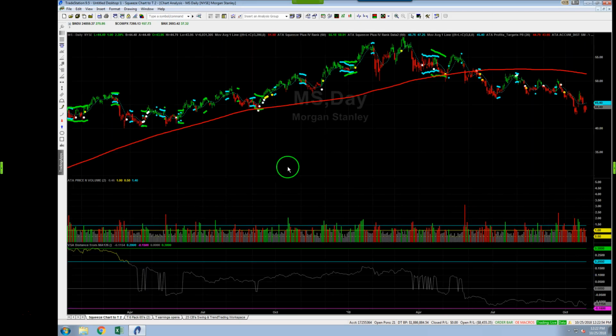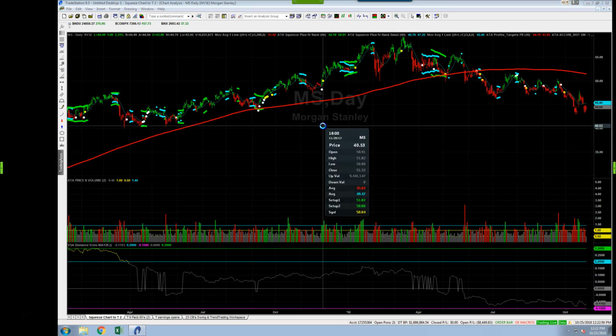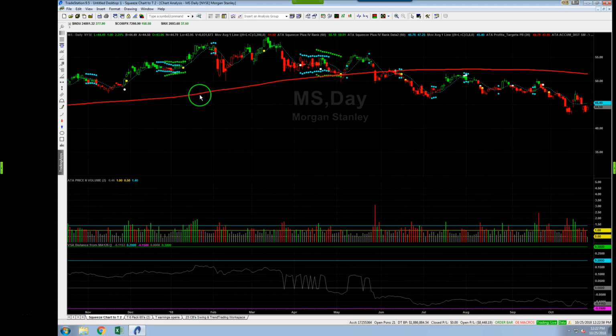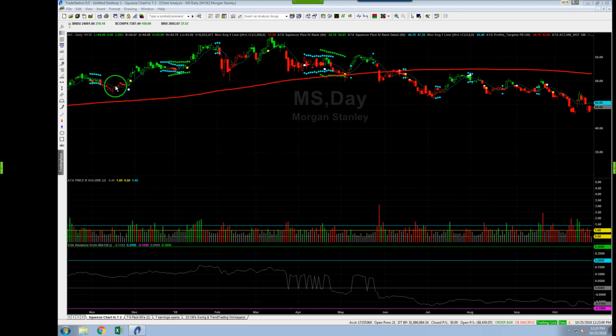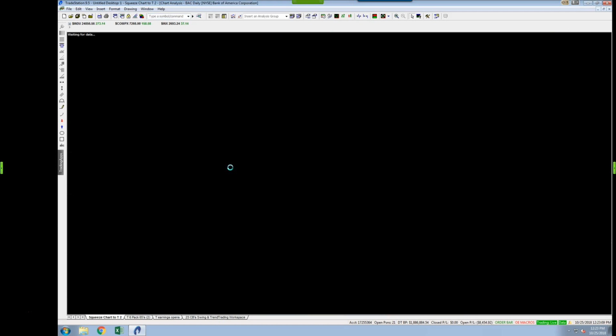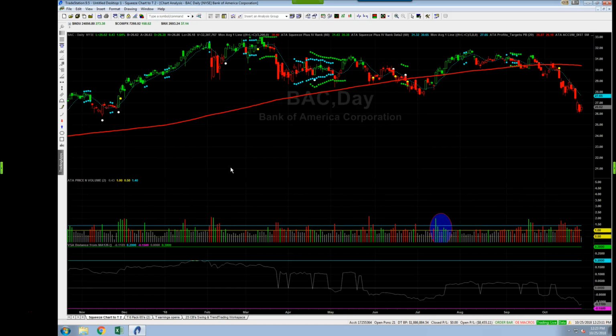On the 28th, we'll take a look at Morgan Stanley, another financial stock. Well, on the 28th, Morgan Stanley broke out of its squeeze where it was seeing very low volume and went on an absolute tear. We'll take a look at Bank of America. When did Bank of America start to move?